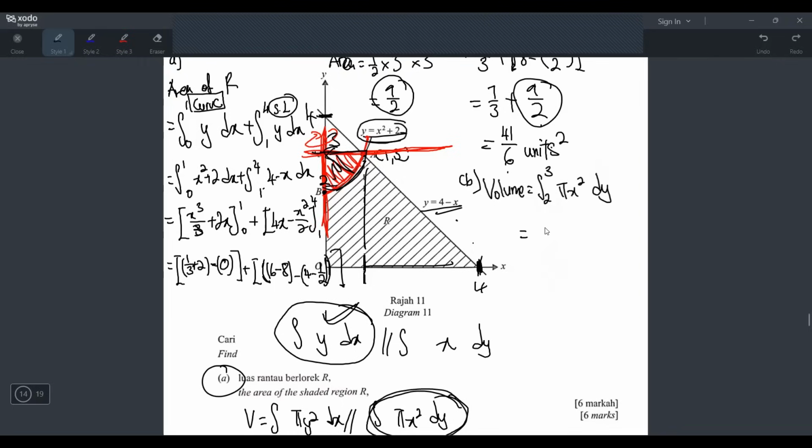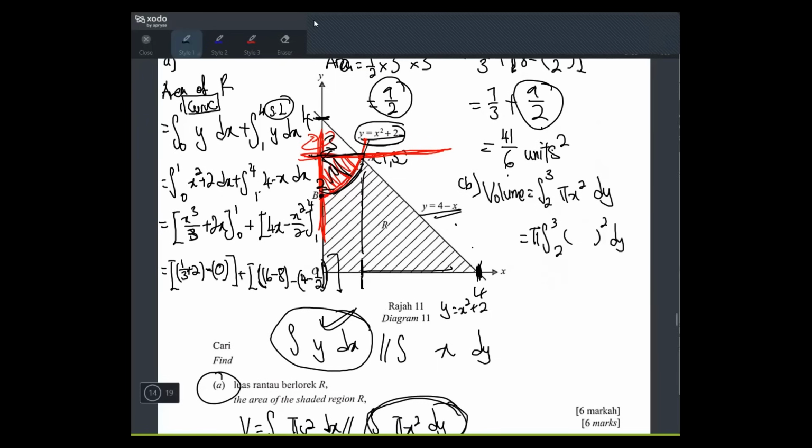The pi can be put in front, and then integrate from 2 to 3, and here we are left with x square, right? So I have to sub x inside here, but it has to be the equation of the curve. The equation of the curve is y equals x square plus 2. So what I have to do is rearrange a bit, because I want to find x.